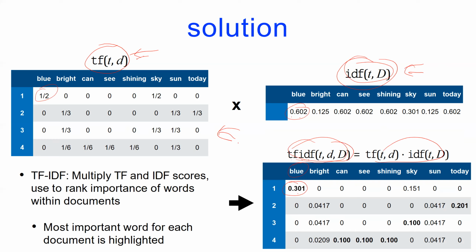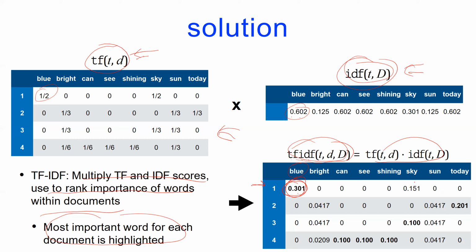After you multiply, this is used to rank the importance of words within documents, and the most important words for each document will be highlighted. For example, in document 1, you will see that blue is a very important word. Why? Because blue only appeared in the first document and nowhere else, and it also has a pretty good frequency in the first document.